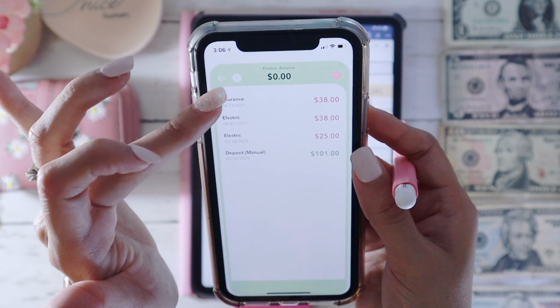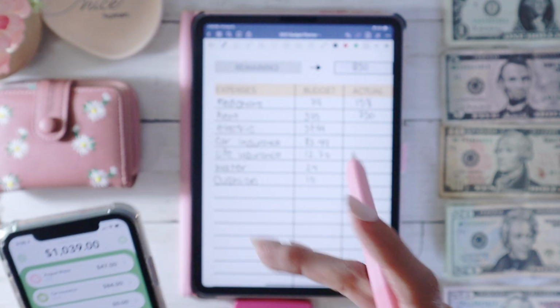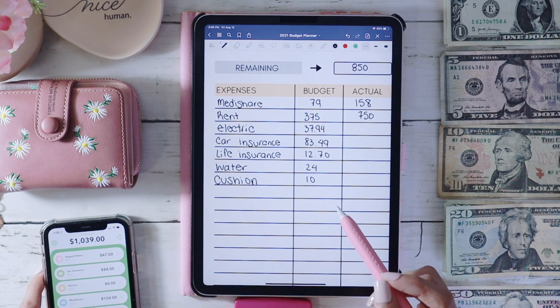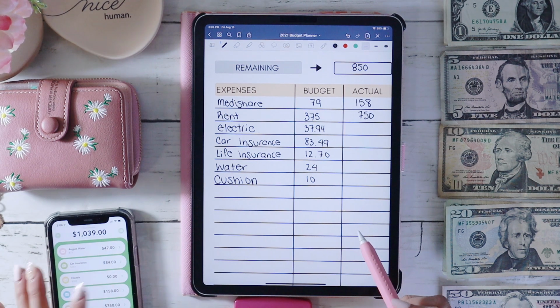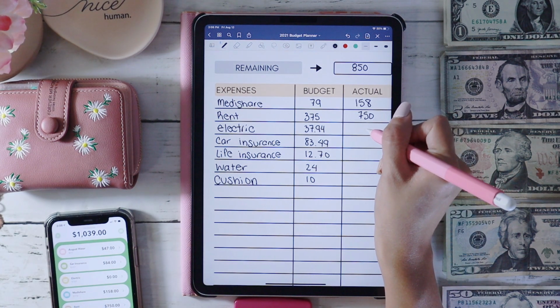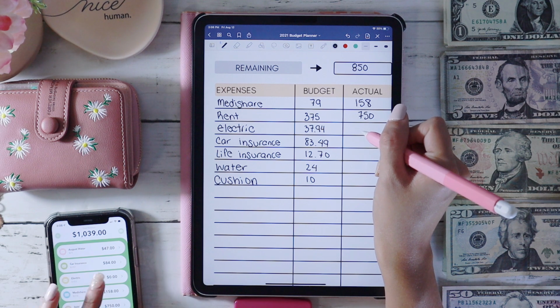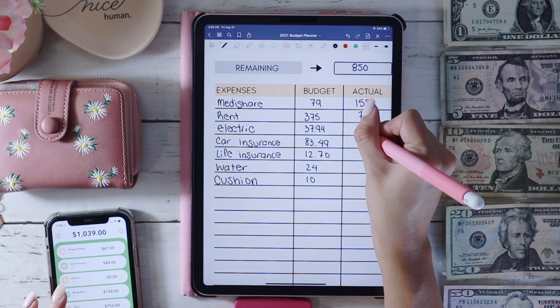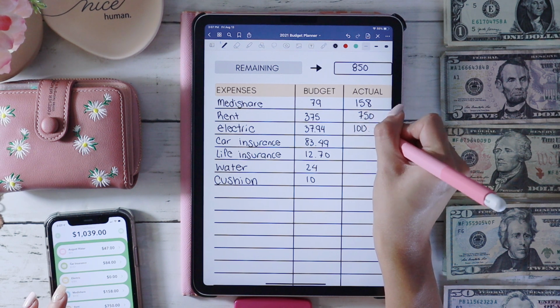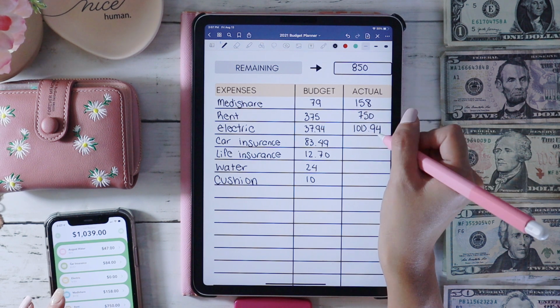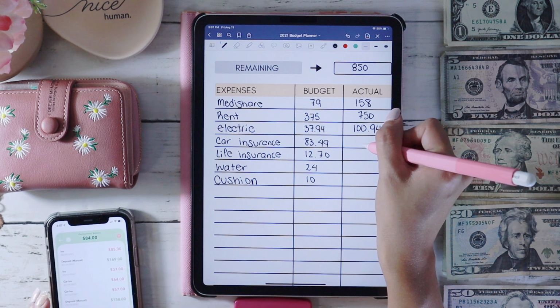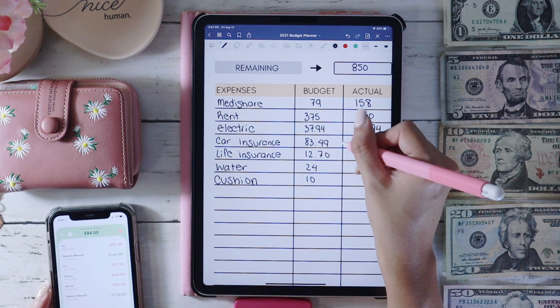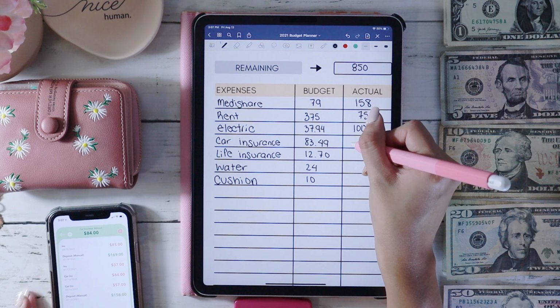So we're fully covered for the electric. I don't know why I wrote insurance there, which is fine. So we're fully funded for that. The actual amount for this was, I believe, $194.